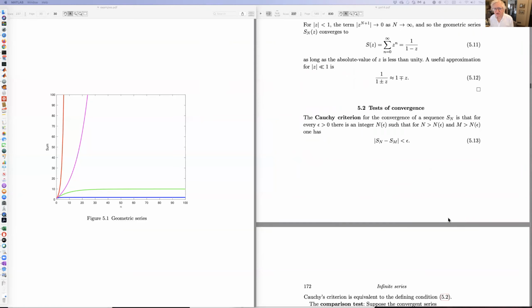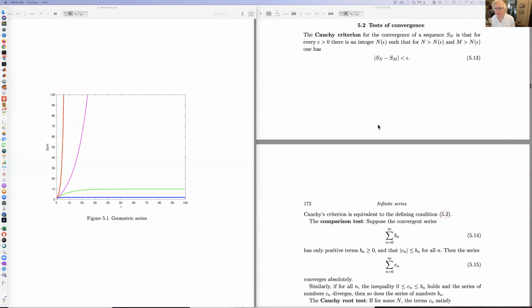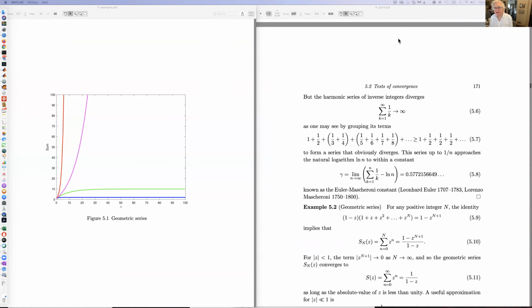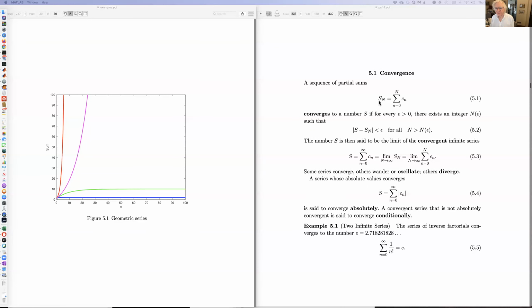Test of convergence. Well, Cauchy was always right. And he noticed that what's awkward about the earlier test is you can't apply it unless you know what the limit is.